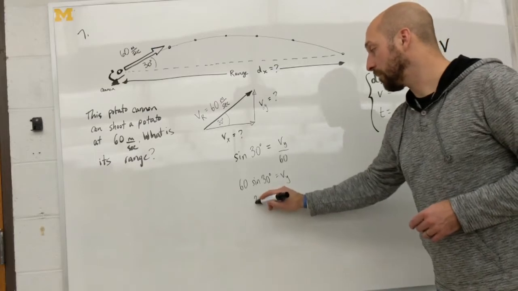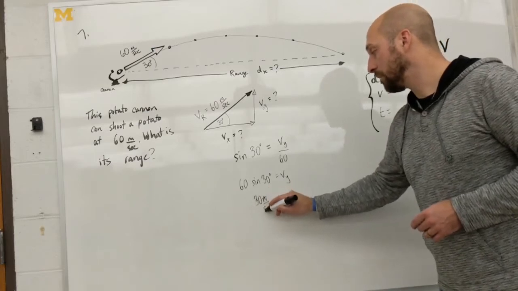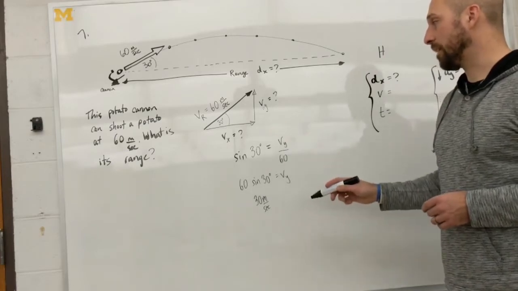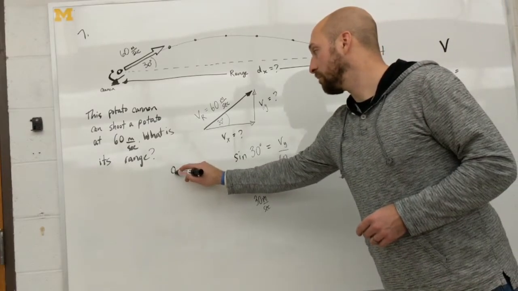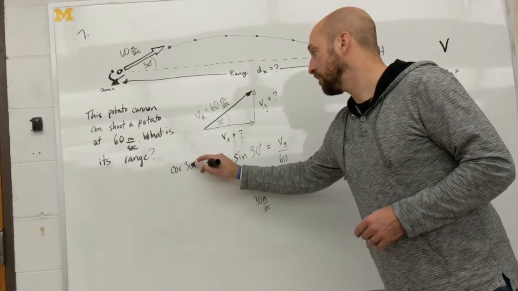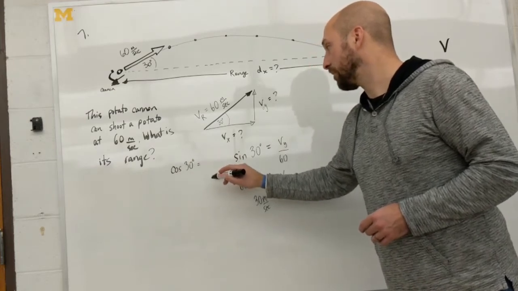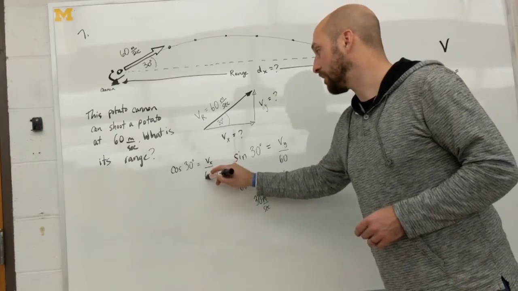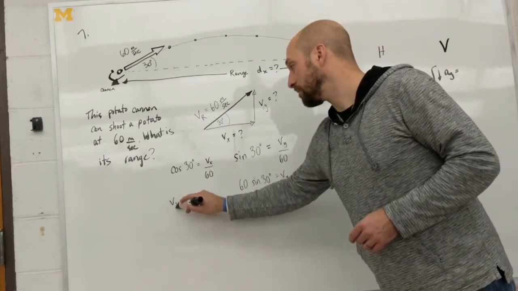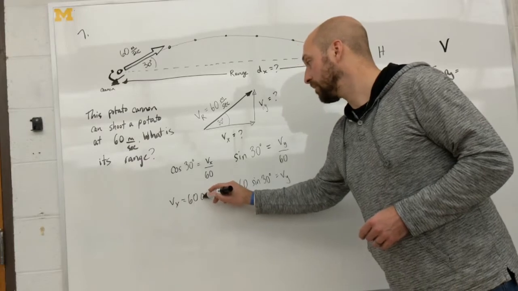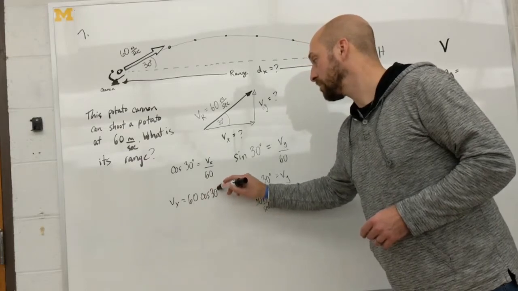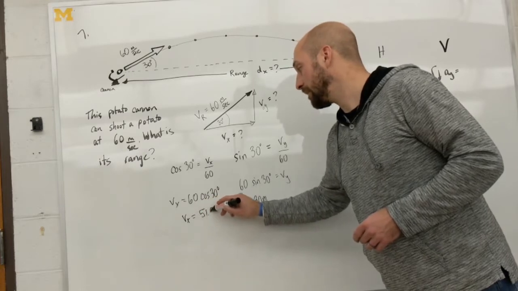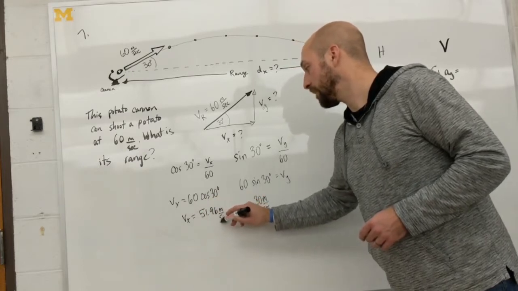It comes out to 30 meters a second. The horizontal component of the velocity can be found using the cosine. Cosine of 30 degrees is Vx over 60, so Vx is 60 times the cosine of 30 degrees. Vx comes out to 51.96 meters per second.